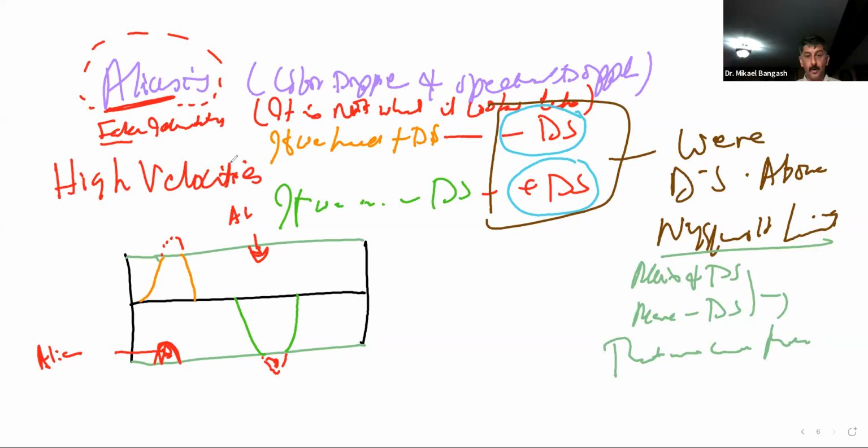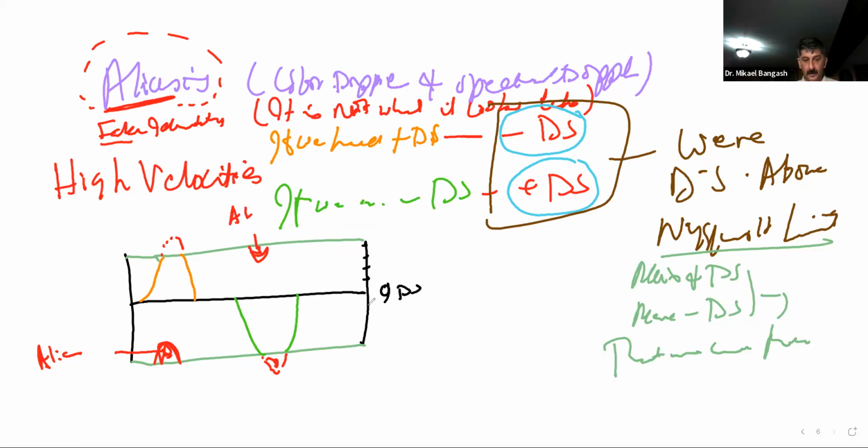Because when we go on our scale, with this here being the zero line or baseline, which marks a zero Doppler shift, as you go up you end up with a greater positive Doppler shift.